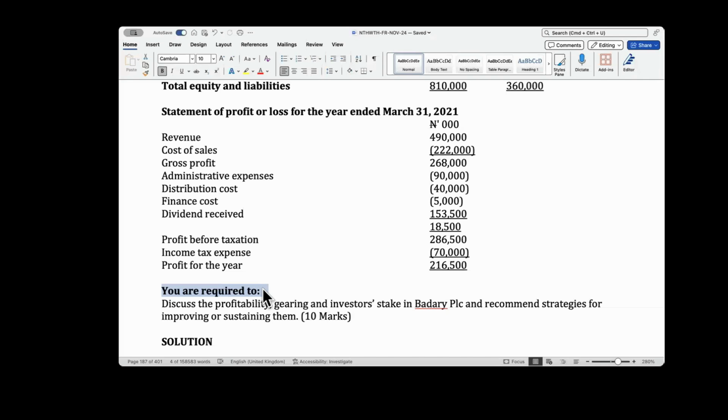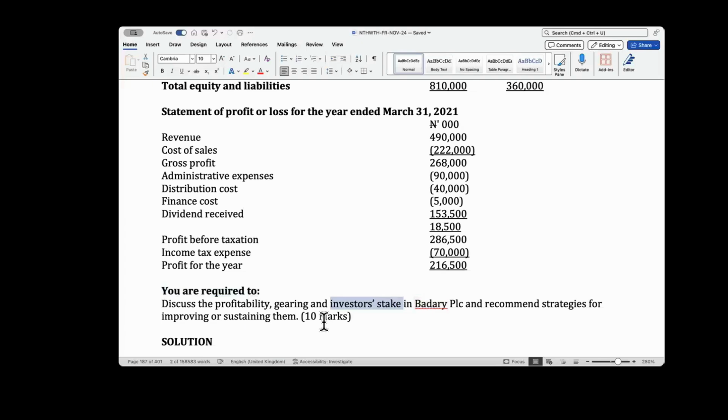Here, the question wants you to discuss the profitability, gearing, and investor stake in Badari PLC, and recommend strategies for improving or sustaining them. The examiner is ready to give away 10 marks for that.